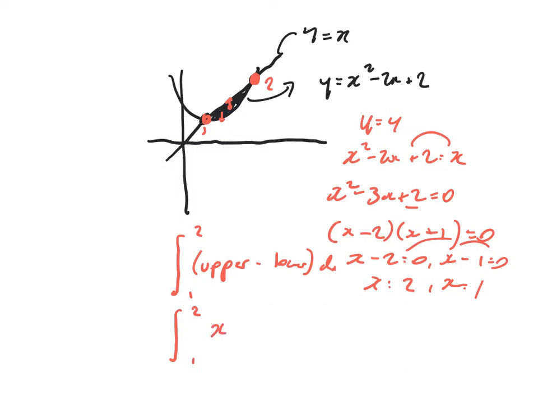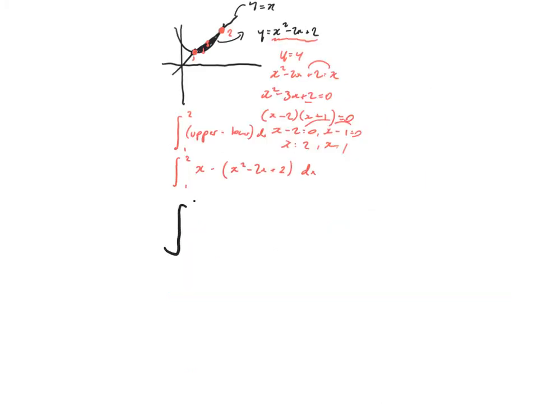So the upper function then is x, and I'm going to take away the lower function. Now, since the lower function has got multiple terms, to make sure that I subtract the full thing, I'll put it in brackets. Okay, so between 2 and 1, x minus 2x, that's x plus 2x, that's 3x.